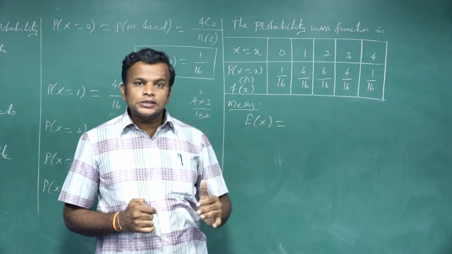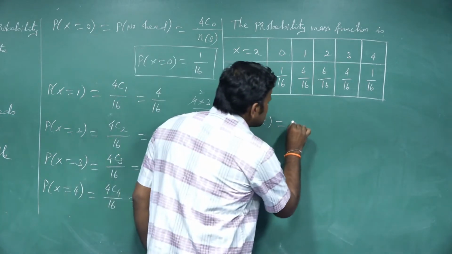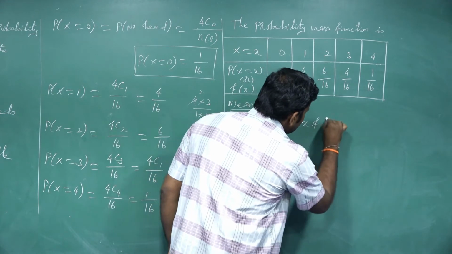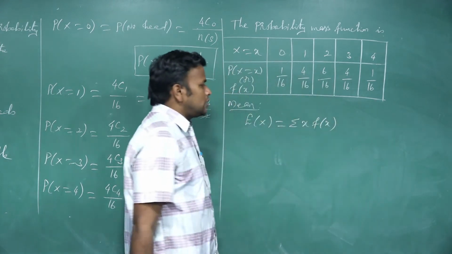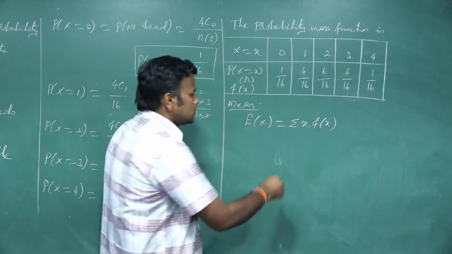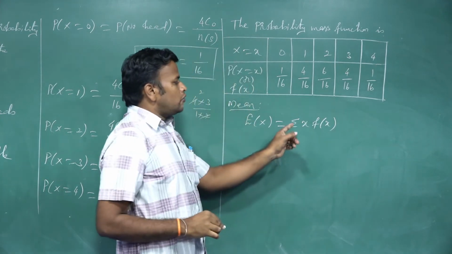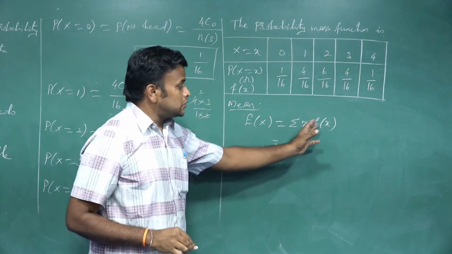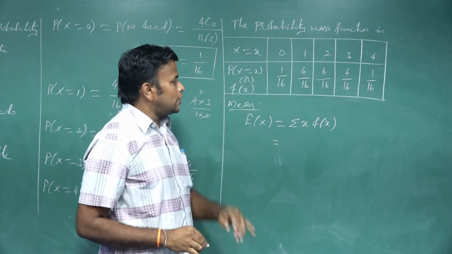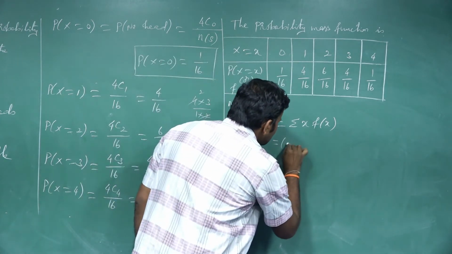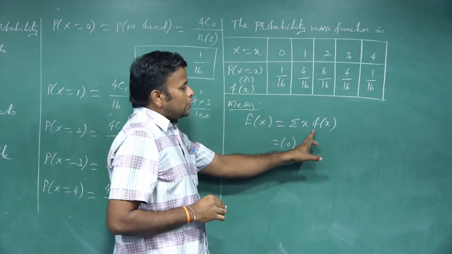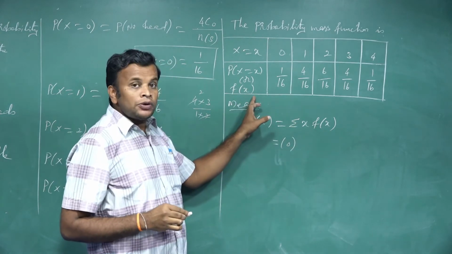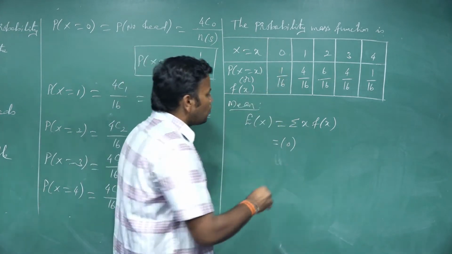When x is discrete, the formula of E of x is summation of x into f of x. The first value of x is 0, whose probability value, f of 0, is 1 by 16.